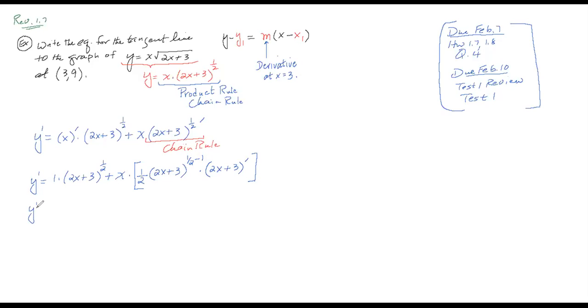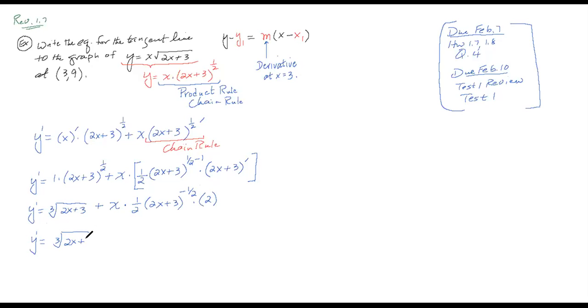So y prime is equal to just square root of 2x plus 3. And here I have x times 1/2 (2x plus 3) to the -1/2. And what is the derivative of 2x plus 3? 2. So 2. So y prime equals, let's simplify that one more step, the square root of 2x plus 3.